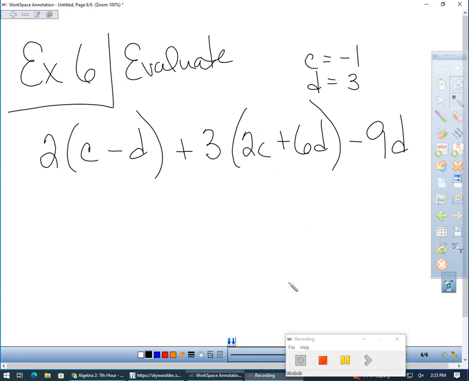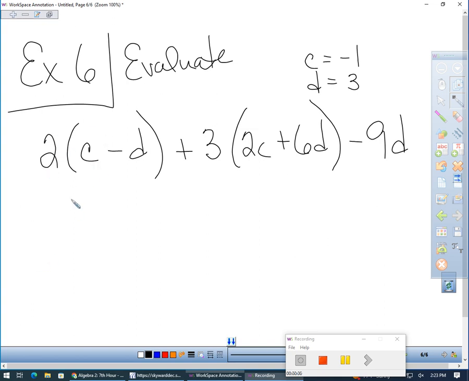So you can see right now they're starting to get longer, and we are in Algebra 2 now, where if we were to plug our numbers in now, that's a lot of parentheses all going on, right? So we want to simplify it as much as we can before we plug it in.